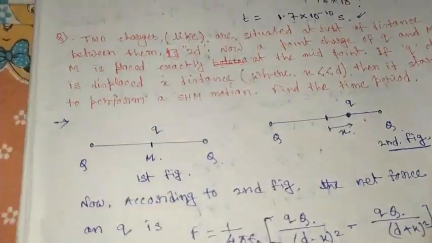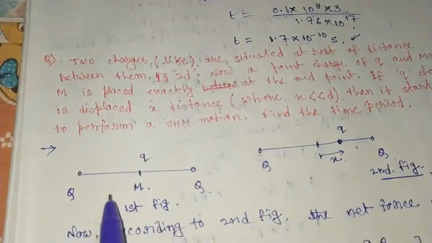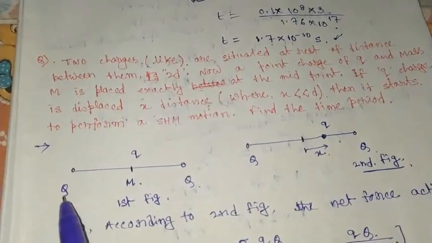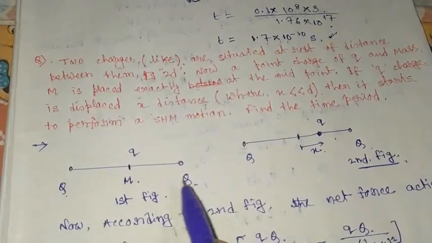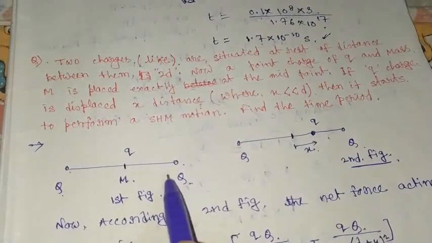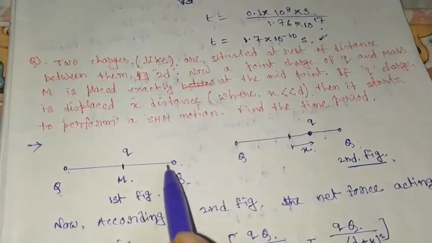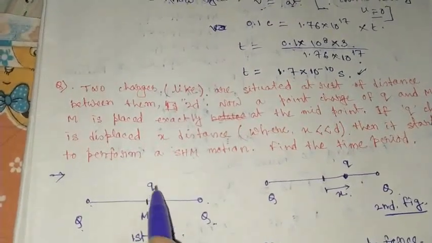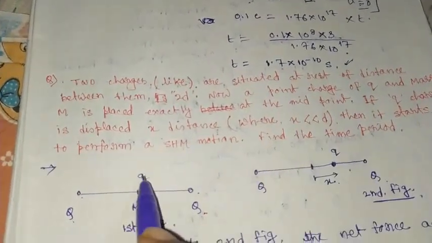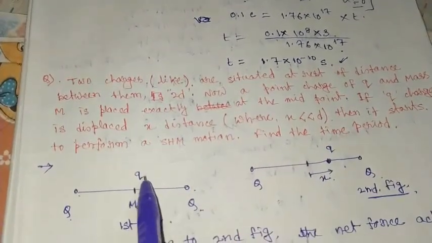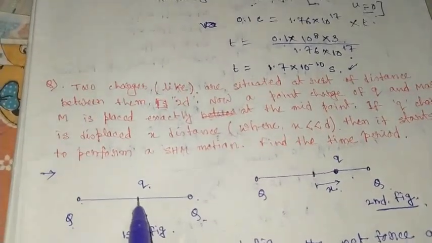Okay, so according to the first figure, we consider two like charges as plus Q, and the distance between these two plus Q charges is 2d. Between these two charges we have placed, according to the question, a charge q of mass M exactly at the midpoint.